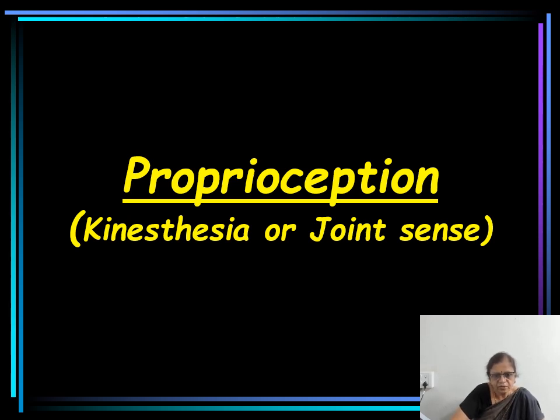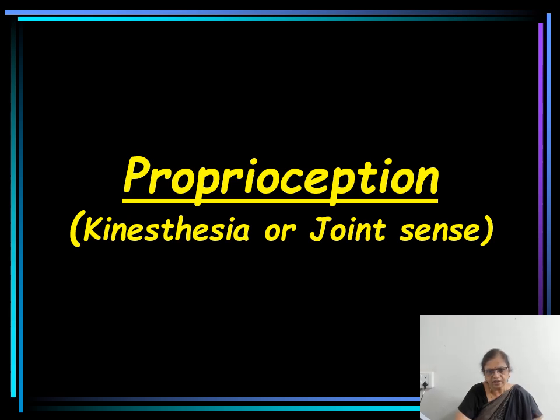So proprioception. Certain receptors are present in the muscles and tendons, which continuously, every fraction of a second, give information about the joints of different parts of the body: from the neck region, upper limbs, vertebral joints and lower limbs, ankle joint, hip joint, and knee joint.